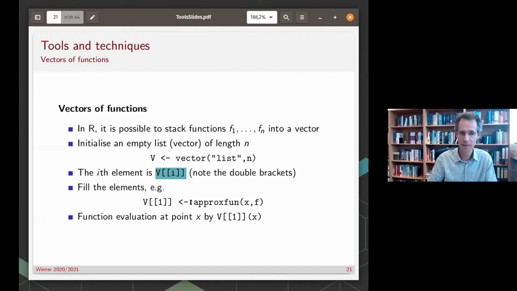For instance, if you want to put a function in there, you can use this Approx command, and you can write this function into position 1 of the value function. And then position 1 of this vector capital V is a function. It's this function here. And therefore, you can evaluate that, for instance, at point X by simply writing this. Okay, so this will evaluate the function at point X.